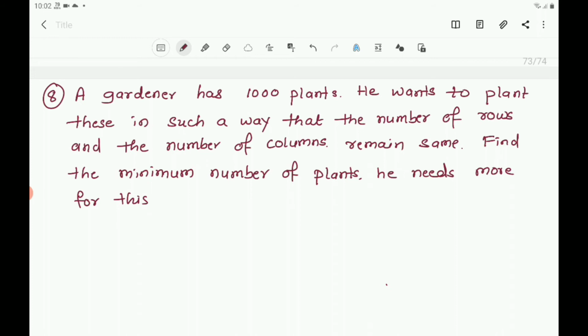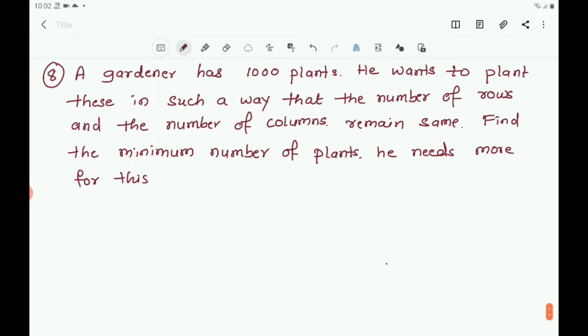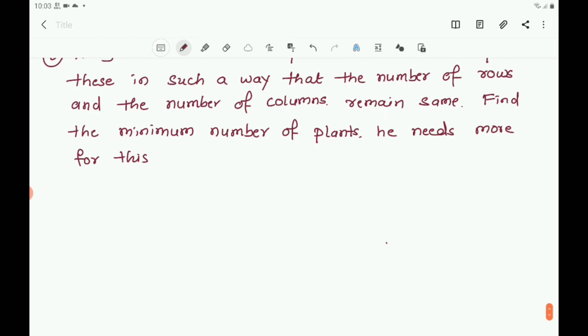Now let us consider the number of rows and number of columns are equal here. So let us have number of rows equals x, number of columns equals x. So take the solution. Let number of rows equals x, also that equals the number of columns.